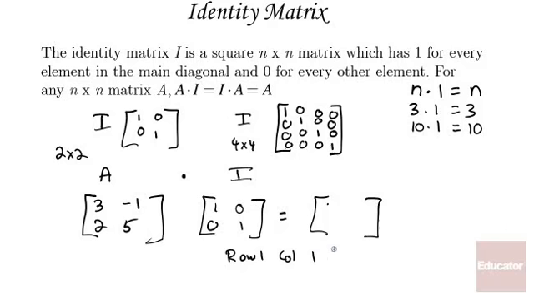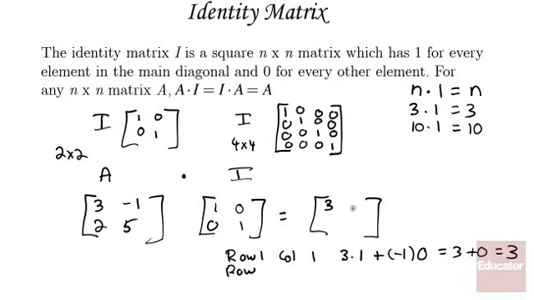So that's going to give me 3 times 1, and then I'm going to find the sum of those products: 3 times 1 plus -1 times 0. So that's going to give me 3 plus 0, or 3. Okay, so I'm going to get 3 up here.